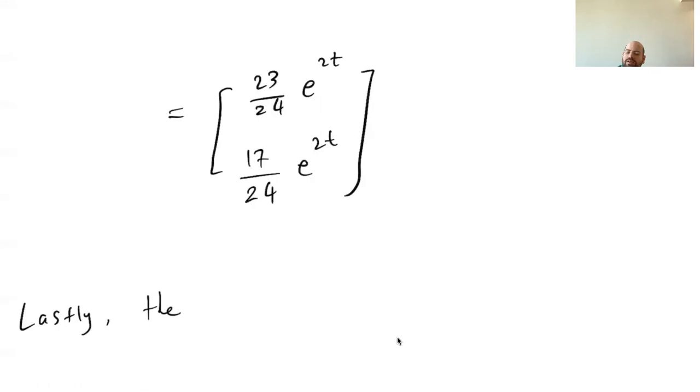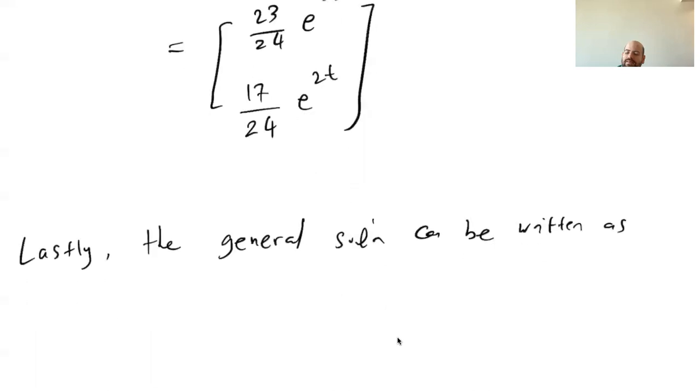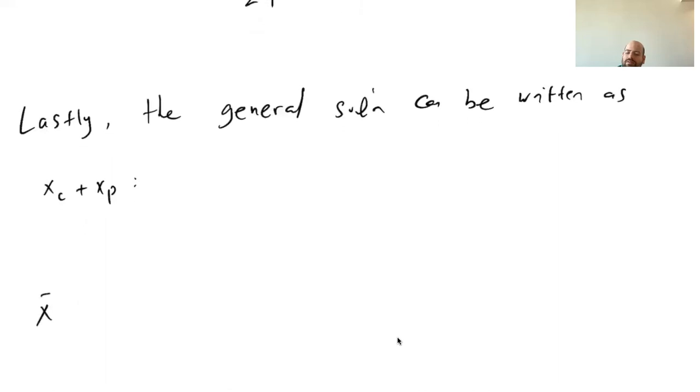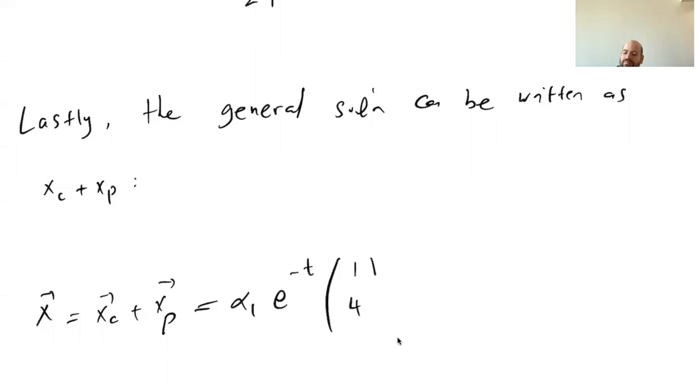And then lastly, the general solution can be written as X_c plus X_p. So x equals X_c plus X_p. X_c we already found, X_p we already found, we just need to add them together. X_c was alpha 1 e to the power minus t times the vector 1, 4, plus alpha 2 e to the power minus 6t times the vector minus 1, 1.